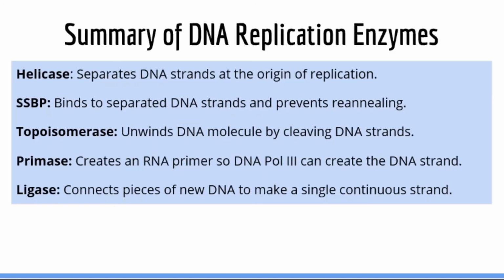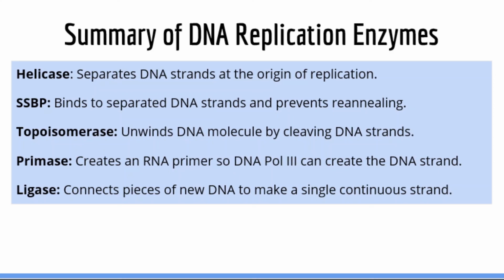So here I have summarized all the important enzymes involved in DNA replication, as well as their function. Let's go over them. Helicase separates the DNA strands and creates the fork of replication. It does this by breaking the hydrogen bonds that hold each double strand together. The single-stranded binding proteins, or SSBP, bind the separated DNA strands in order to prevent them from reannealing.